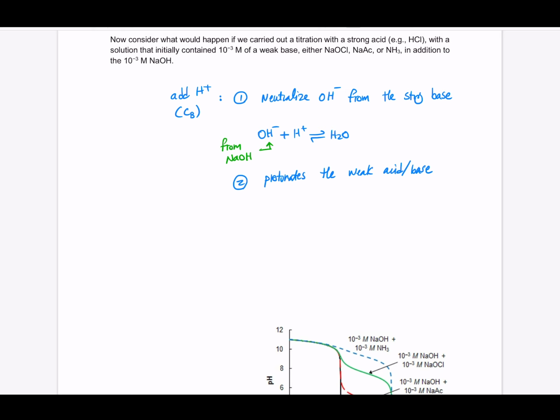So for example, in the case of OCl minus, it consumes the proton that's introduced by the acid. And then it's basically protonating. So it seems that that is adding also a delay.